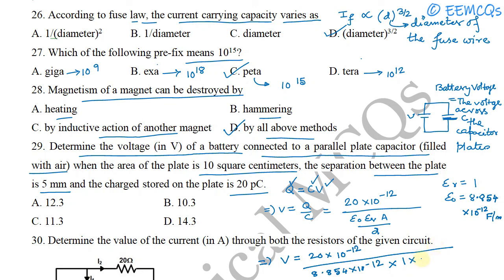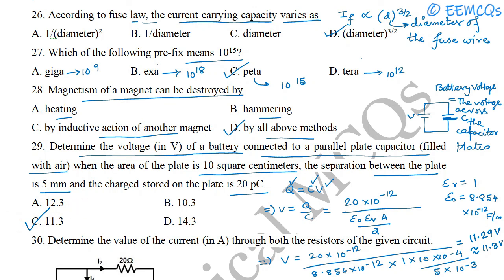Okay, so it will be 10 into 10 to the power minus 4 divided by 5 into 10 to the power minus 3. Now after calculating this, what we will get? We get this is to be equal to 11.29 volts, which is approximately equal to 11.3 volts. Okay, so here option C is our correct answer.